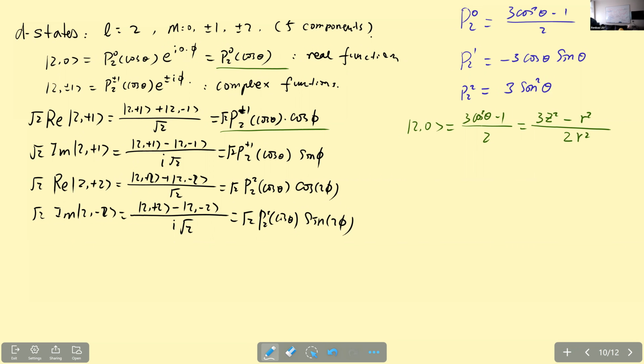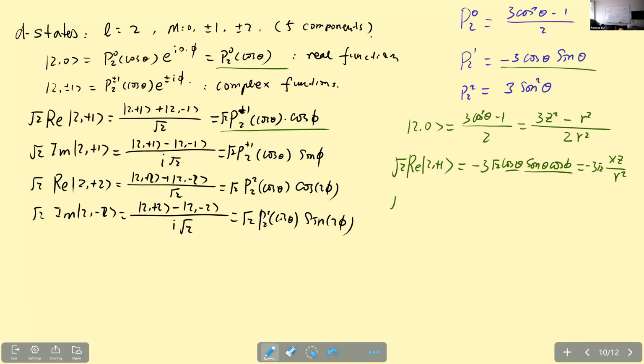If you put this one in, that will be minus 3 square root of 2 times cosine theta, sine theta, cosine phi. This one is just the x component and this is just the z component, so this will give us minus square root of 2 times x times z over r squared.